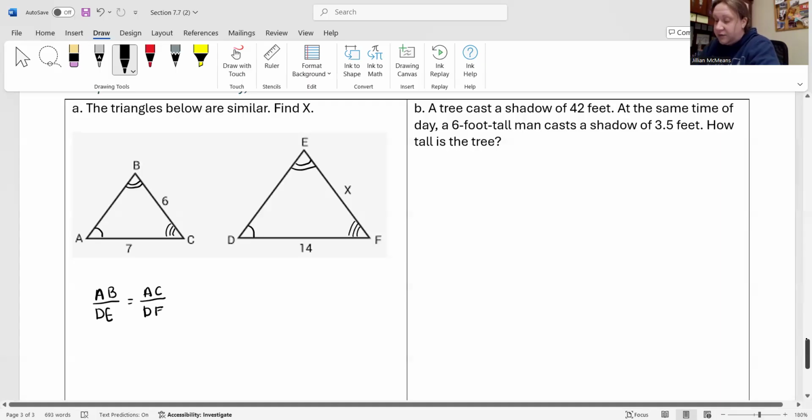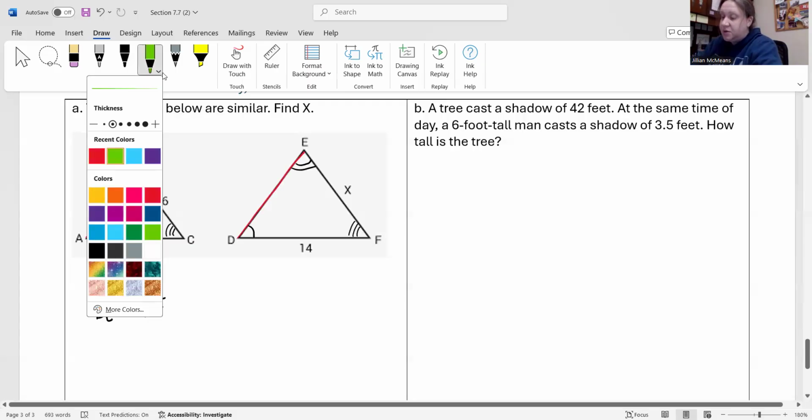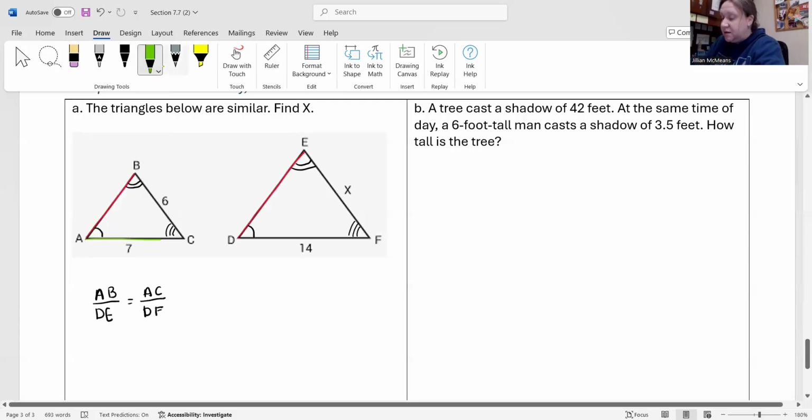So far we have side AB, which corresponds to side DE. That ratio has to be the same as the ratio of AC, which corresponds to DF.